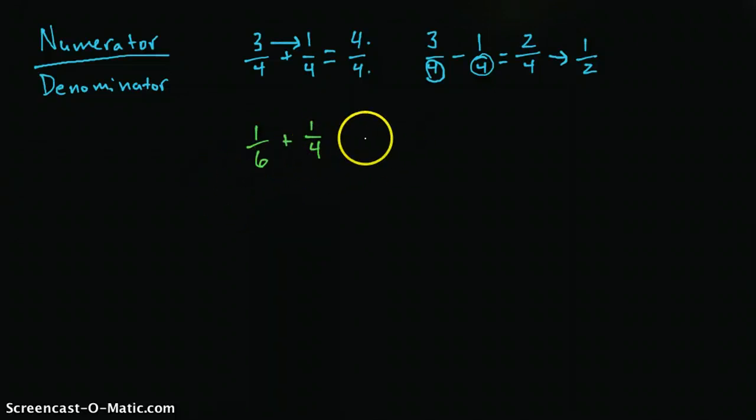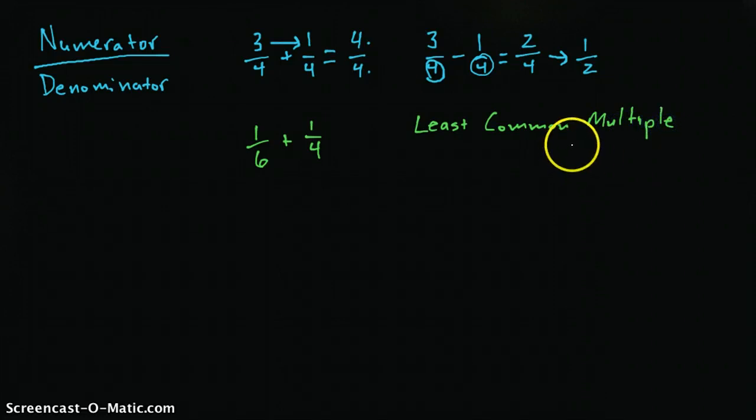And to do that, we need to find what's called the least common multiple. When finding the least common multiple, it will always be at least as big as the highest number.